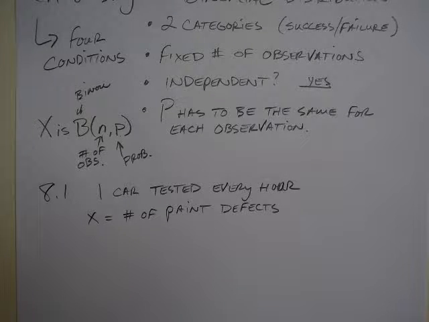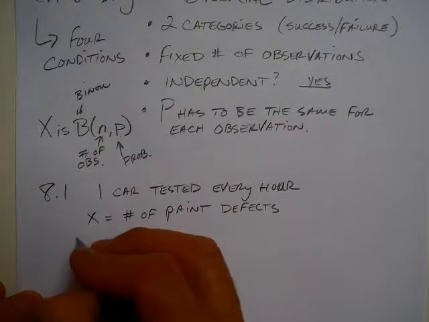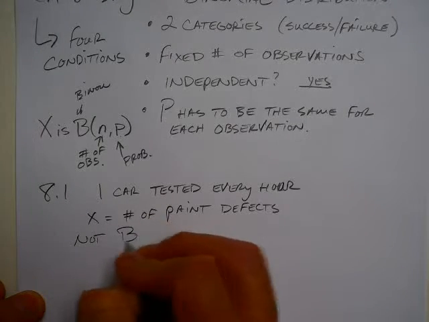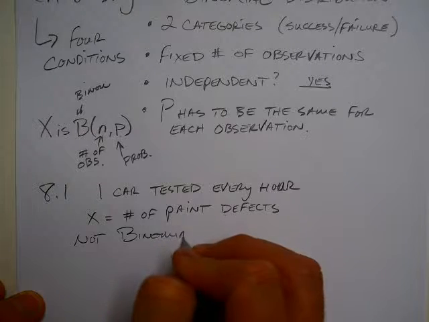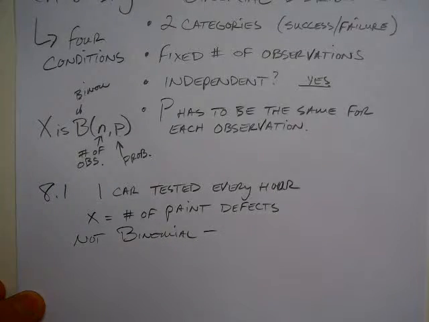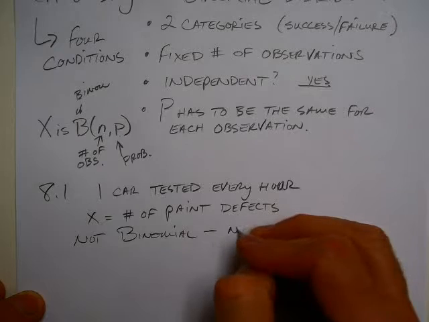Is there a fixed number of observations in this? No, it's just every hour, right? Every hour that the cars come off the line, they pull a car. So in this case, it's not binomial because there's not a fixed number of observations. It's 1 per hour, but we have no end in sight to when they stop this process. So in this, we would say not binomial, because there are no fixed number of observations.